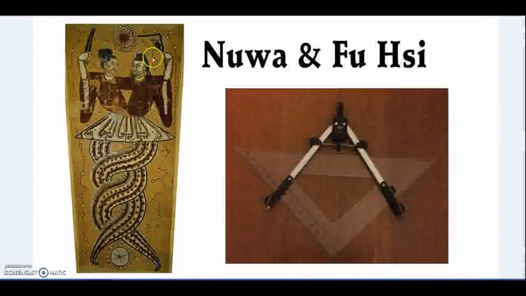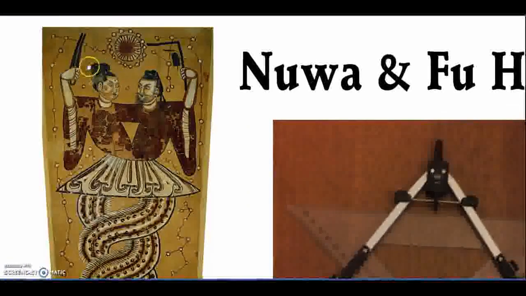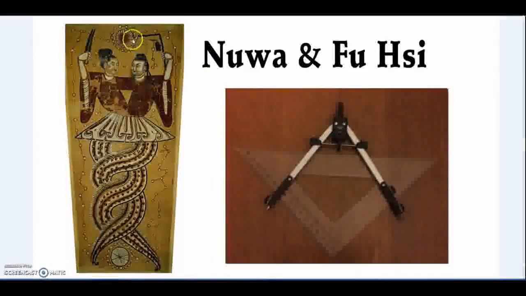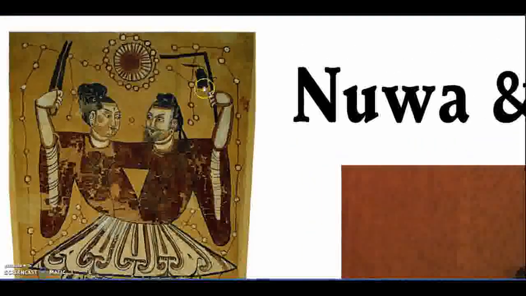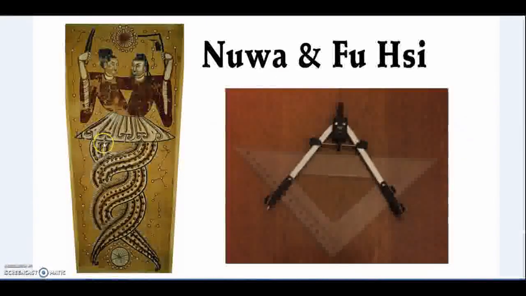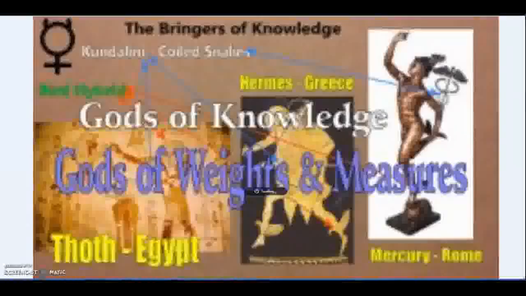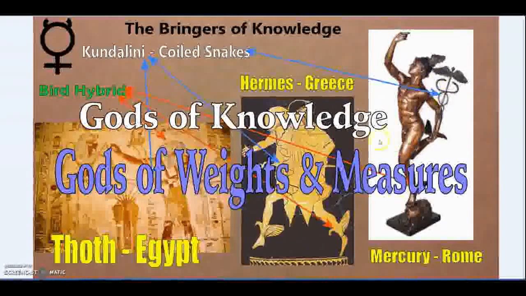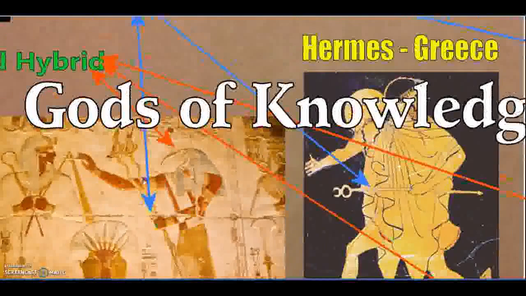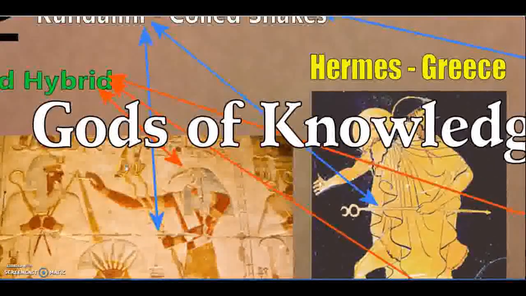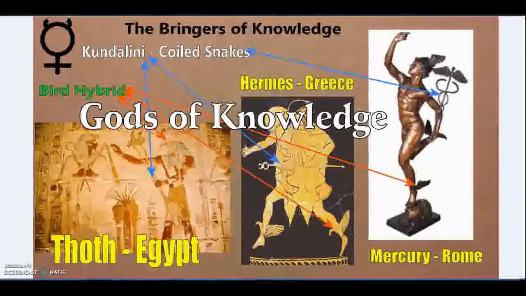This crosses Nuwa and Fuzi. These are the Chinese creator gods, and you see the geometry, the compass and square, the twin snakes, just like we see, for instance, two snakes around the rod there. Even in Hermes, and even on Thoth, he's carrying two rods, but again, these twin snakes.